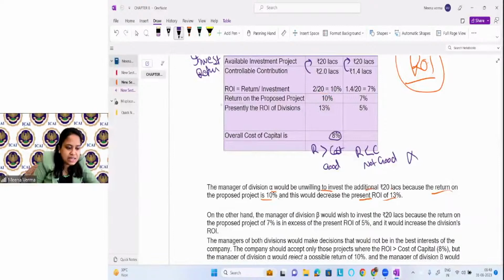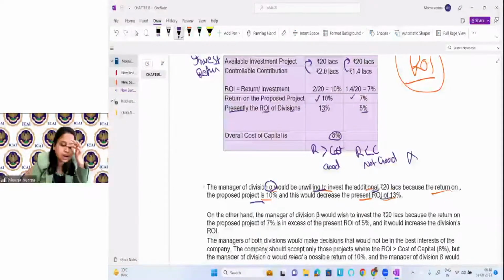Presently, the return on investment of the division is this. At present, this is the return on the proposed project. This is what they are expecting, 10% and 7%. So the manager of division A would be unwilling to invest in this proposal because the return on the proposed project is 10% and this would decrease the present ROI.